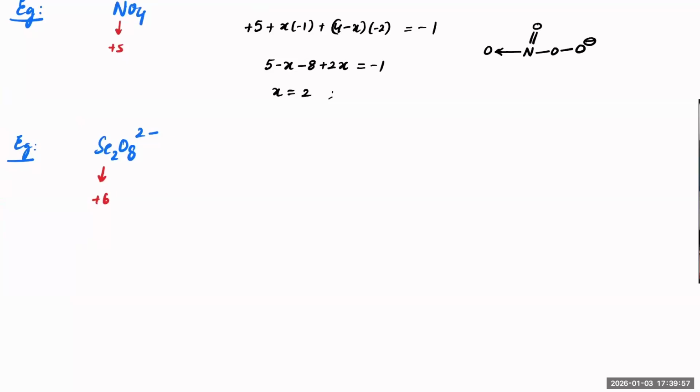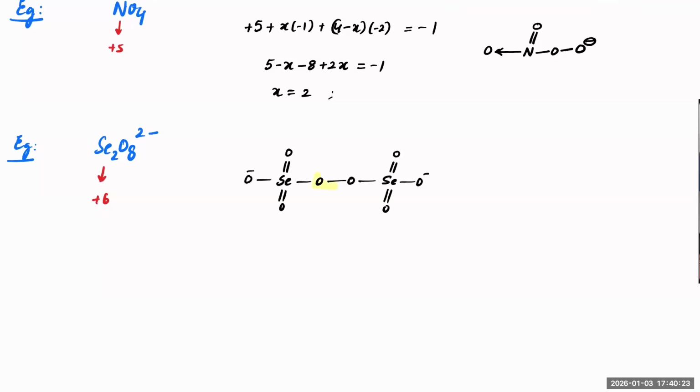Next one. You must have got this as 2 again? Correct. Selenium, just like sulfur, will also have a similar linkage here, double bond O with O minus and O minus.